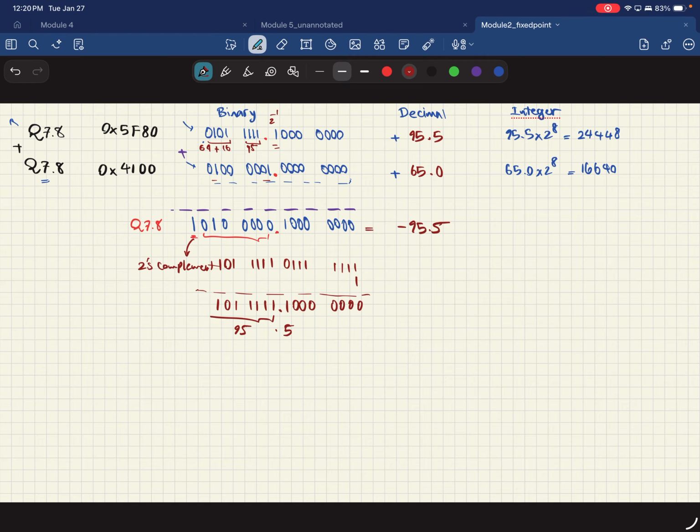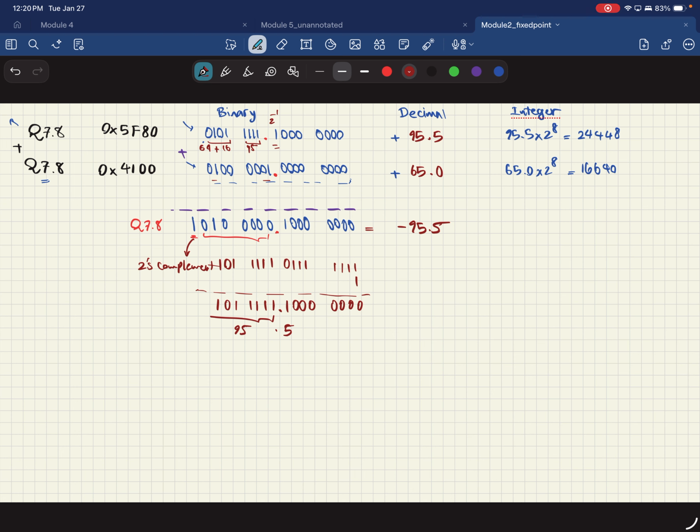What just happened? Overflow happened. You added two numbers, each of them had 7 bits of integer, but the result wouldn't fit in 7 bits of integer.